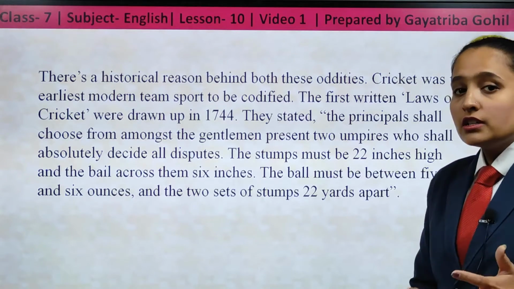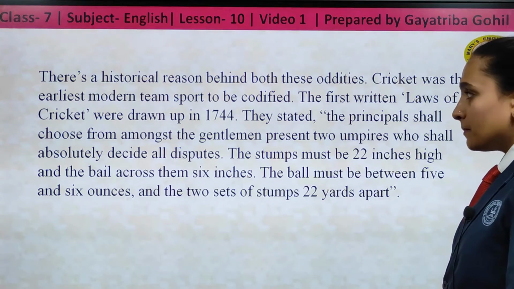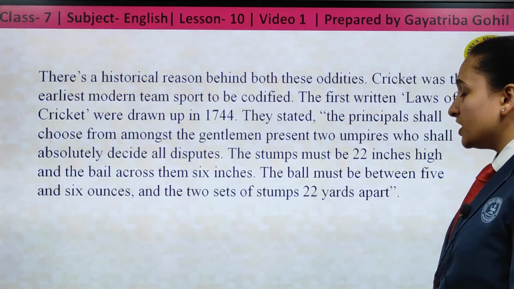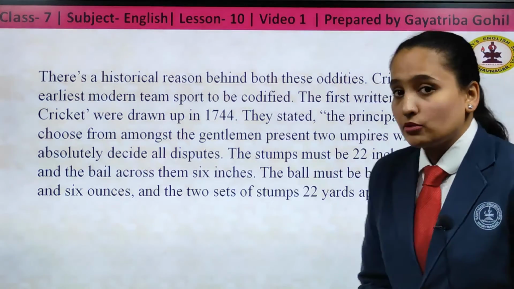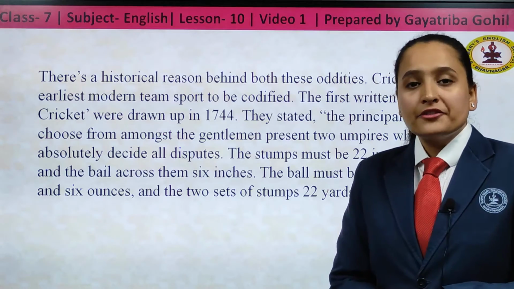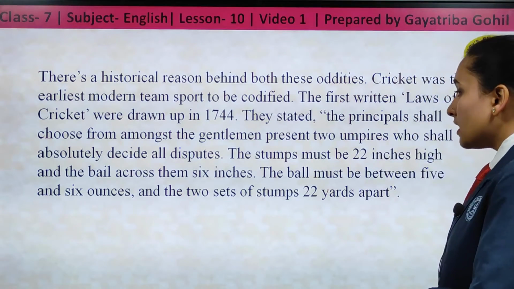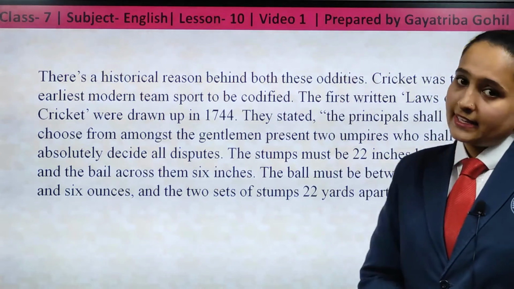What were some of the statements from the first laws? The principals shall choose from amongst the gentlemen present 2 umpires who shall absolutely decide all disputes. That means there would be 2 umpires in the game, and their word would be final. The stumps must be 22 inches high and the bail across them 6 inches.